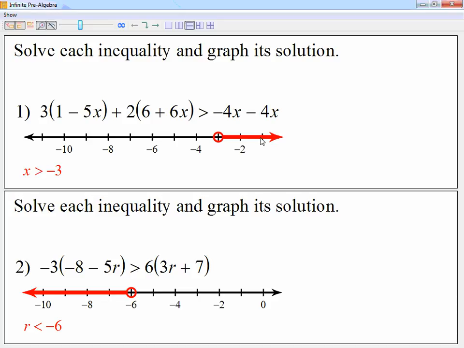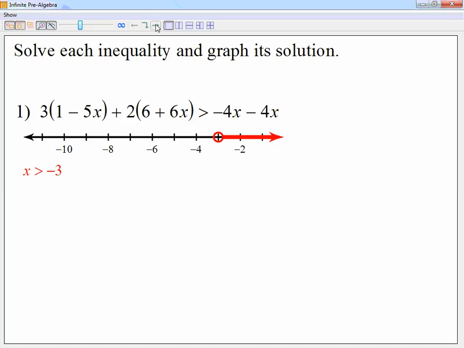Looking at question number 2, notice how my arrow's pointing towards the left. Look, I went towards the left. So as long as we have the letter on the left side, respect the direction of the arrow. Okay, that's going to make it easy.